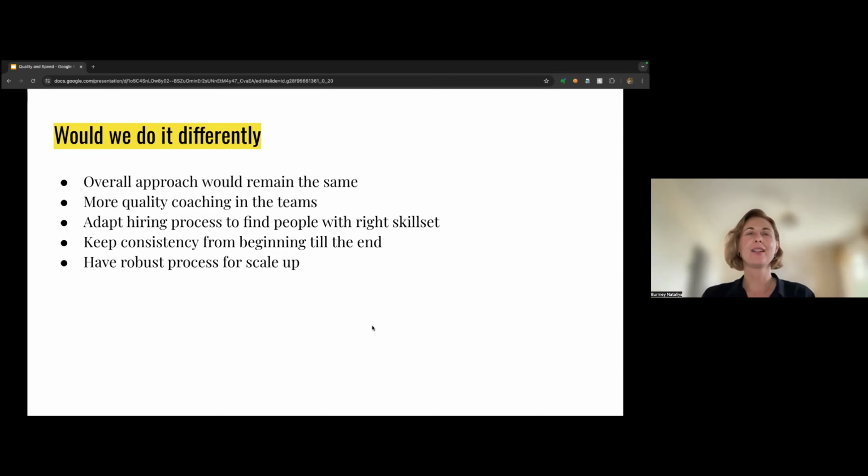It's very hard. It's human behavior to keep consistency, and it's hard to master, but it's absolutely necessary if you do process changes. If you scale up in a company, please make sure that you have robust processes, right? Because scaling up means you do your work, but you also have new people coming in.